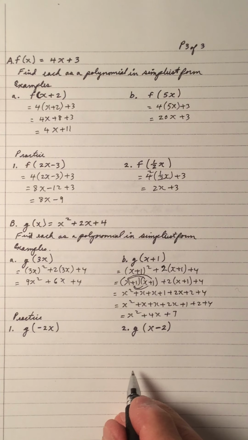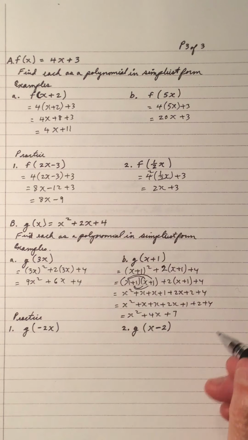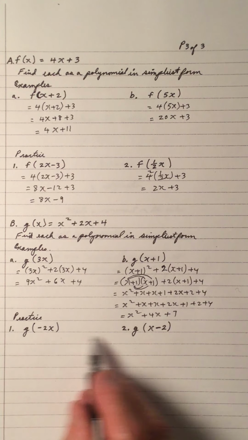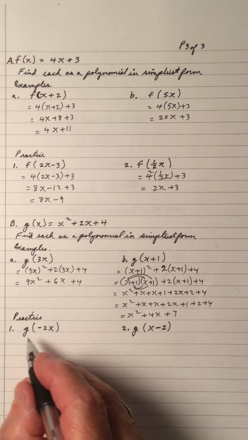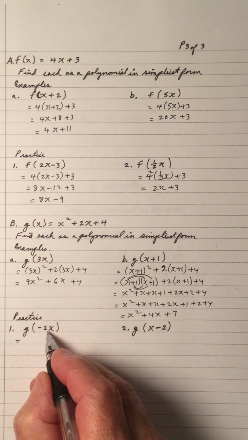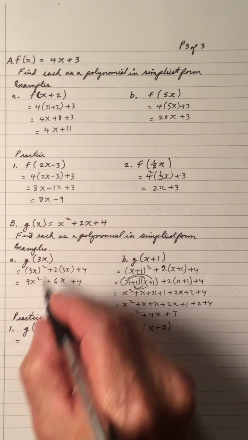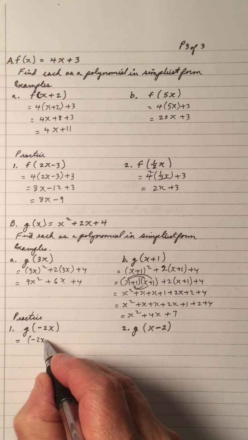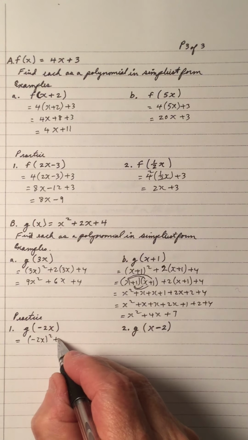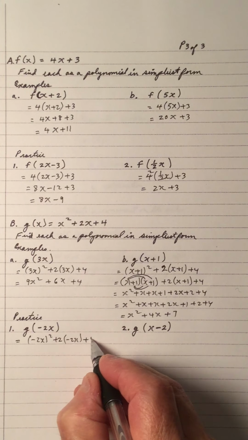Again, you're doing function notation and you're subbing in variables into place. And practice means you work out these two to see if you're going to get the right answer. Here we go. So we're going to take the g of negative 2x. We're going to put a negative 2x in the place of x in brackets, plus 4.